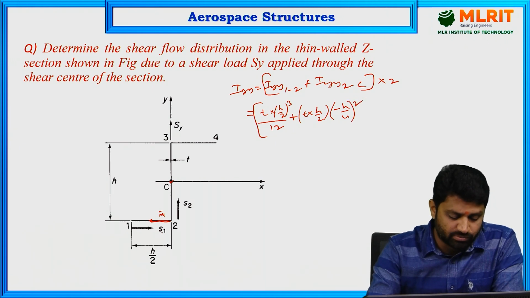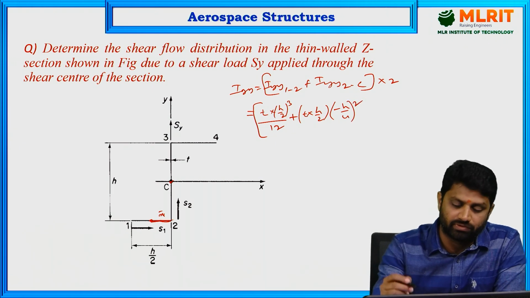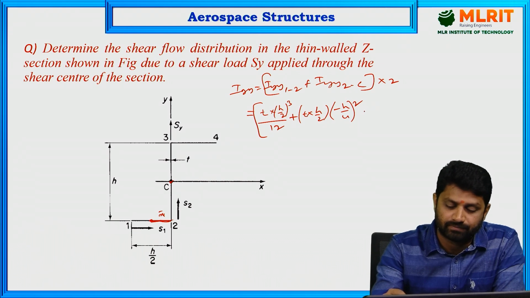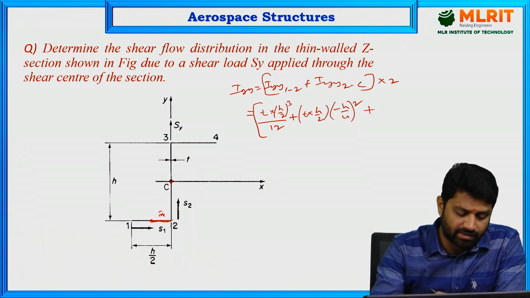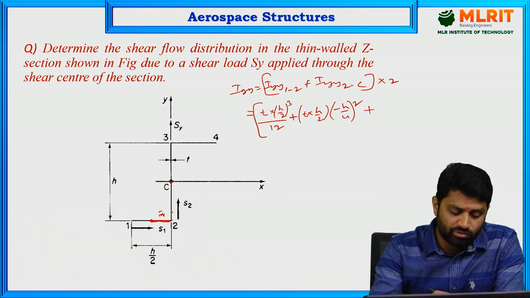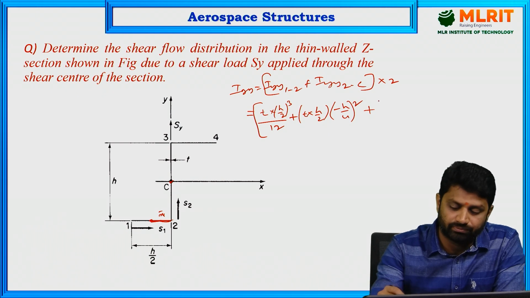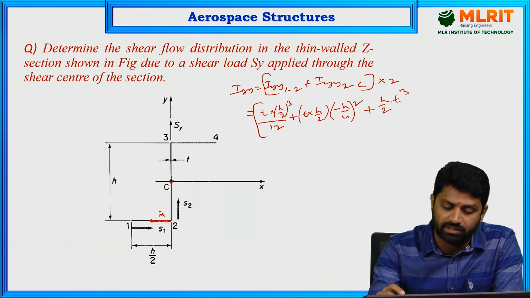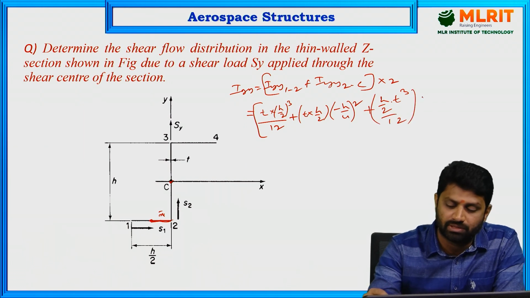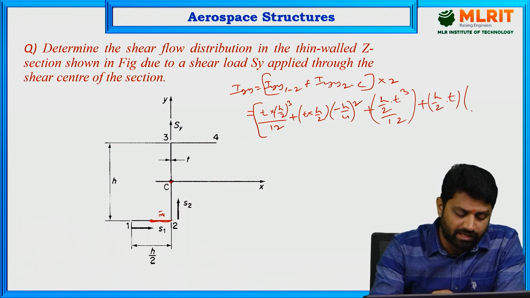Okay, this is h by 2 and this is minus h by 4 whole square, plus for the second one, dB cube by 12, where depth is h by 2 and width is t, you are going to get the first term, plus area h by 2 into t, into x2 bar square.